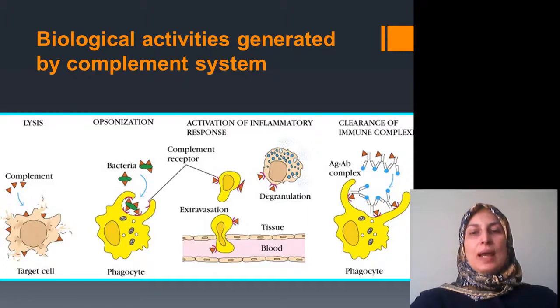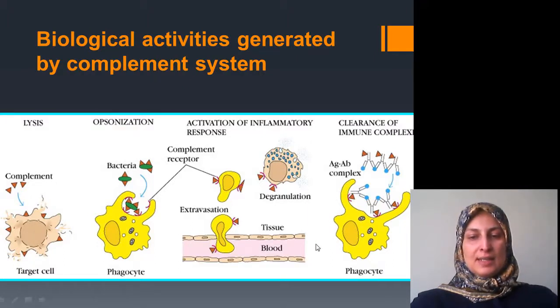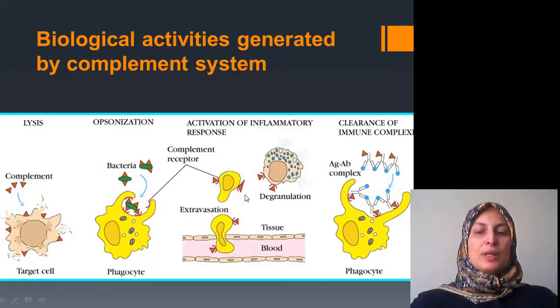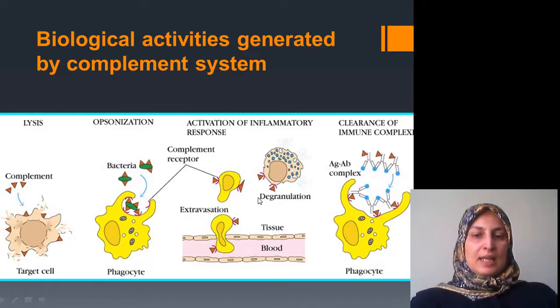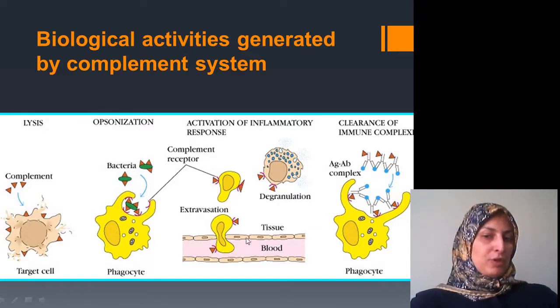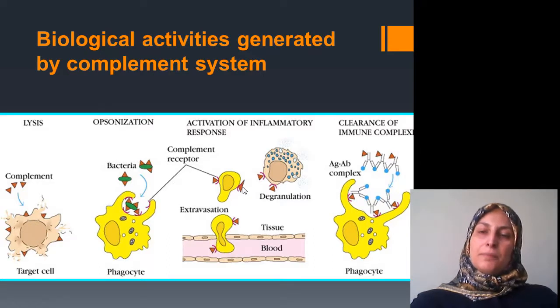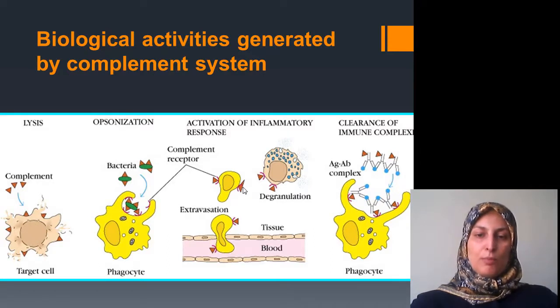The other part is these opsonins, or these parts of the complement system, they will act as chemoattractants. So when a white blood cell, for example a neutrophil, is moving in the bloodstream, the presence of certain cytokines and certain concentrations of complement will act as a chemoattractant to the neutrophils, because they have receptors for those particular complement protein components.